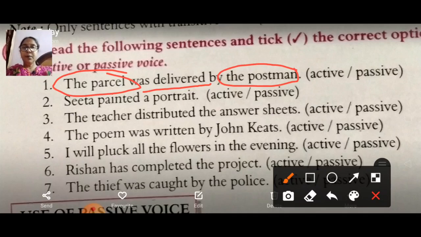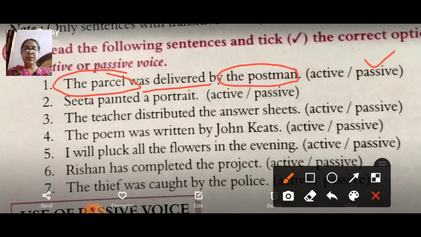Now in the first sentence, very clearly you can see an object has become the subject over here. So this is a passive voice sentence.